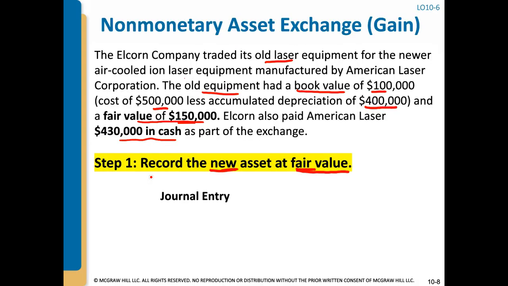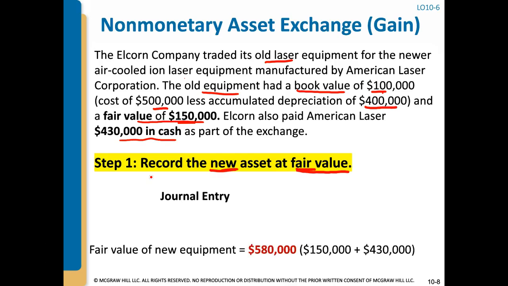It says the old equipment has a book value of $100,000 and a fair value of $150,000. So the fair value of the asset given up is $150,000, which is considered to be the fair value of the new equipment received, plus any cash paid is also included in the fair value of the new equipment. So the first step to this entry is to debit the new equipment for $580,000.